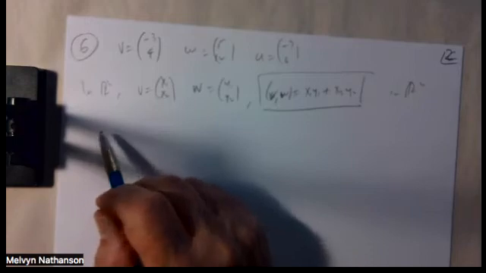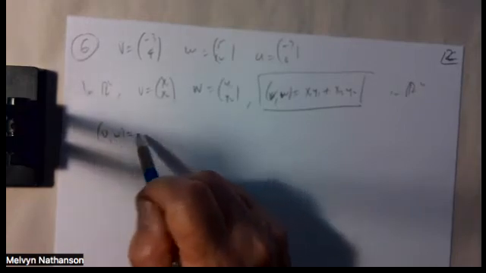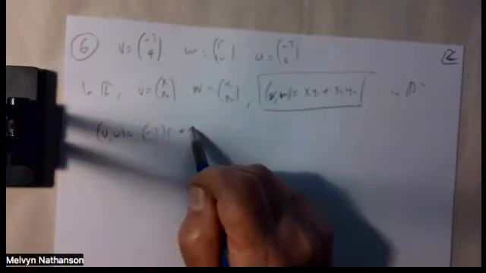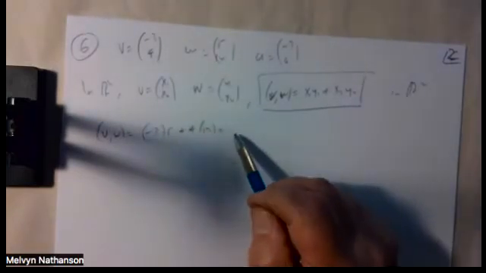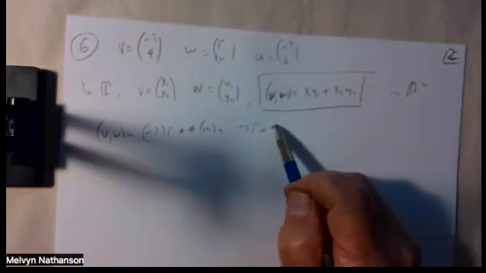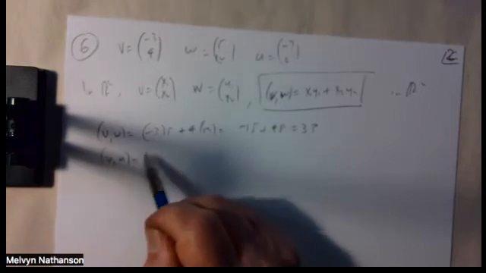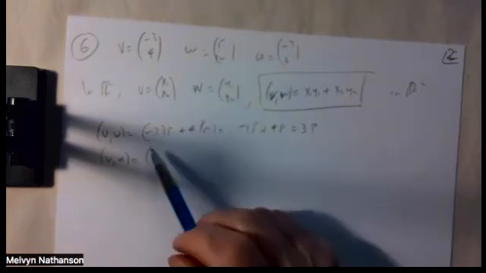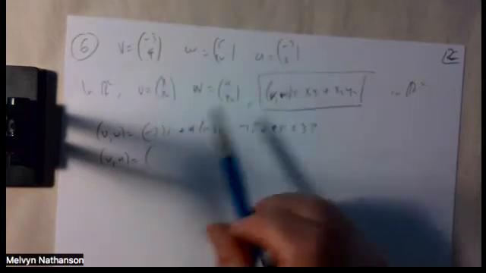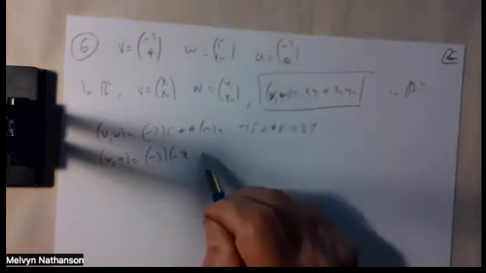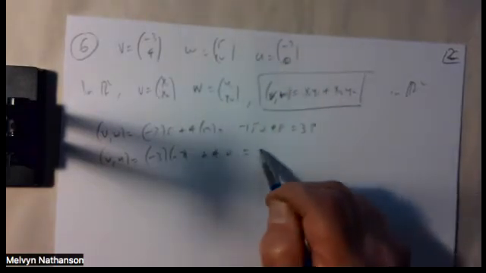So for these two vectors, the inner product of V and W is -3 times 5 plus 4 times 12. So that's -15 plus 48, or 33. And V and U is the inner product of V and U. That's -3 times -7 plus 4 times 0, which is 21.